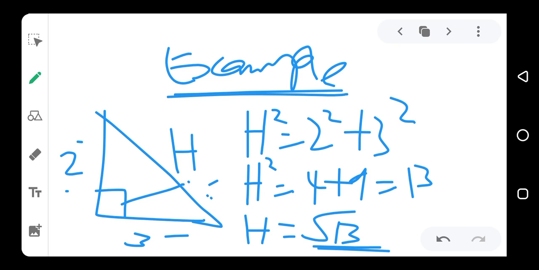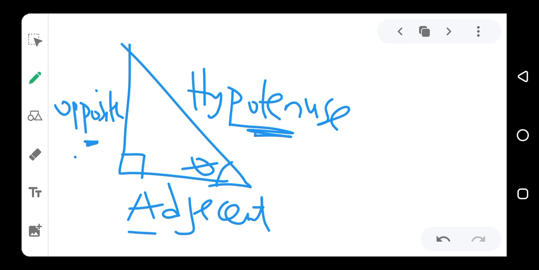But using these rules, we can calculate the other side of the right angle triangle if we know just one of its sides. If we know only the hypotenuse and we know the angle, we can calculate the second side. If we know the opposite and we know the angle, we can calculate any of the other sides that we want to look for.